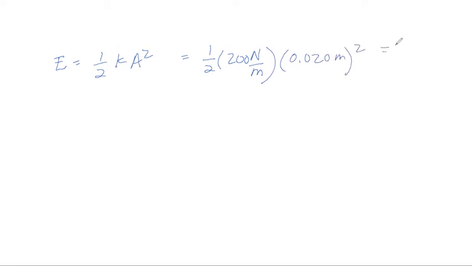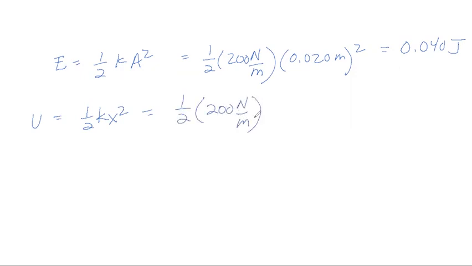That's going to be 0.040 joules. All right, and the potential energy, U, equals 1/2 k x squared. And that was the midway point, so we've got 1/2 times 200 newtons per meter times 0.010 meters, quantity squared.